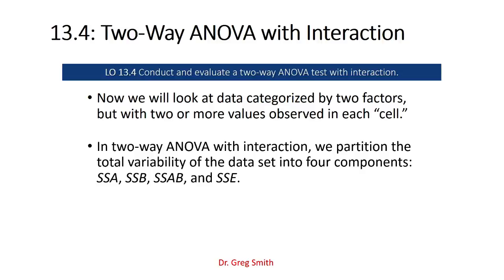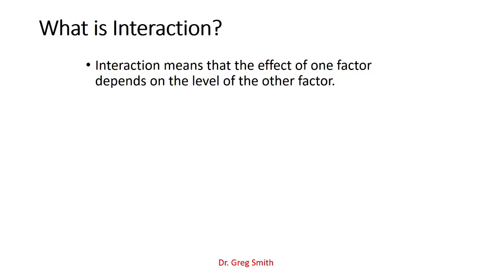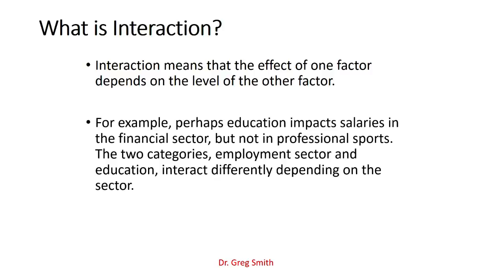So now we'll have the row, the column, and then an interaction that's occurring between the columns as well as the white noise. So interaction means that the effect of one factor is statistically dependent on the level of the other factor. So one has a dependence on the other.